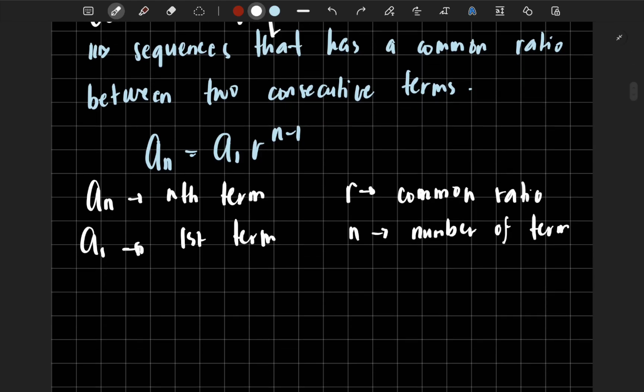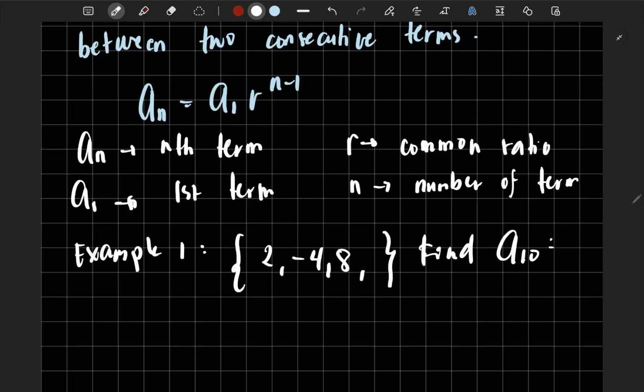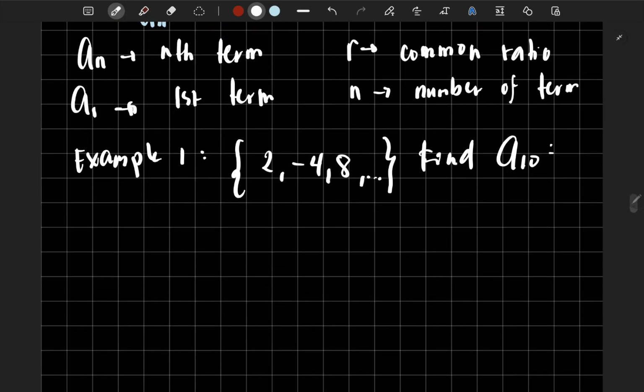So let's have an example. Example number 1. We have here our given sequence 2, -4, and 8. And we are asked to find the a sub 10 of our sequence. So let's identify first our given on our formula. The a sub 1 is the first term, which is 2.